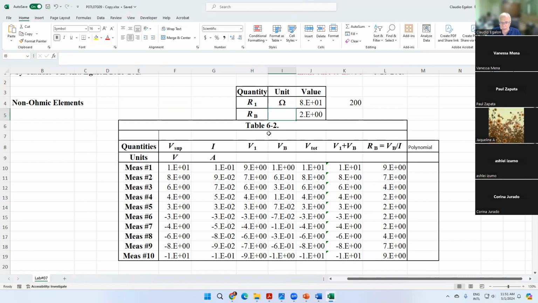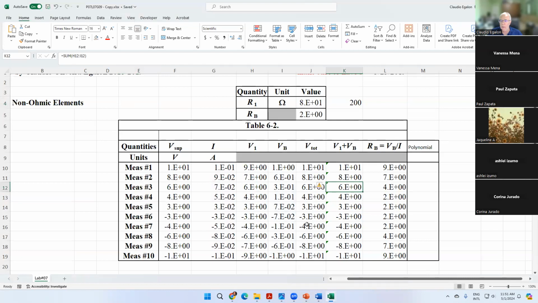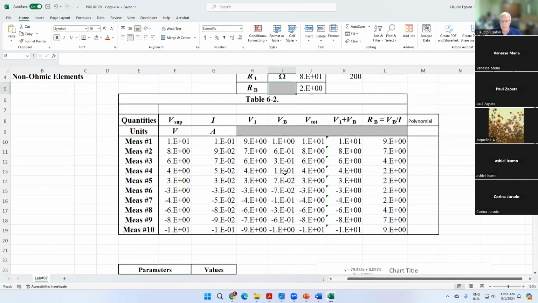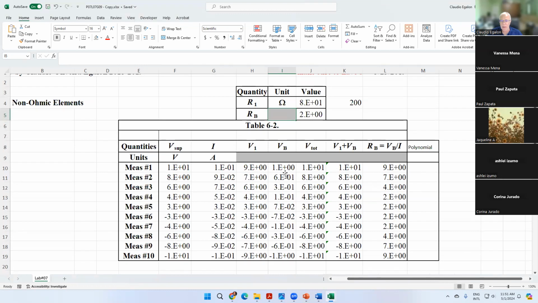I'm going to highlight in gray where you have to put the units, right in here. That is only 6 units that you have to fill in.